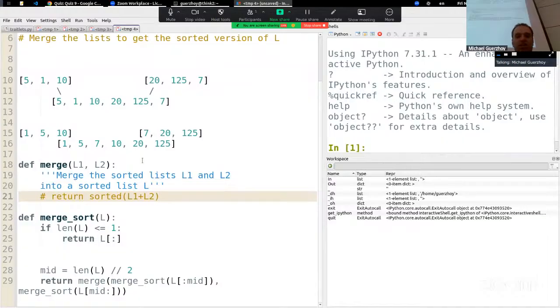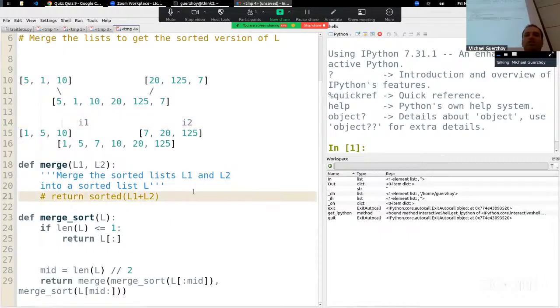Well, I'll keep track of where I am in the first half, and I'll keep track of where I am in the second half. And then I'll just keep building up the result by, I'll put in 1 and then I'm over here. And then I'll put in the 5 and then I'm over here. And then I'll put in the 7, so I'm over here. And then I'll put in the 10, so I'm done here. And then I just insert the 20, insert the 125, and then I'm done.